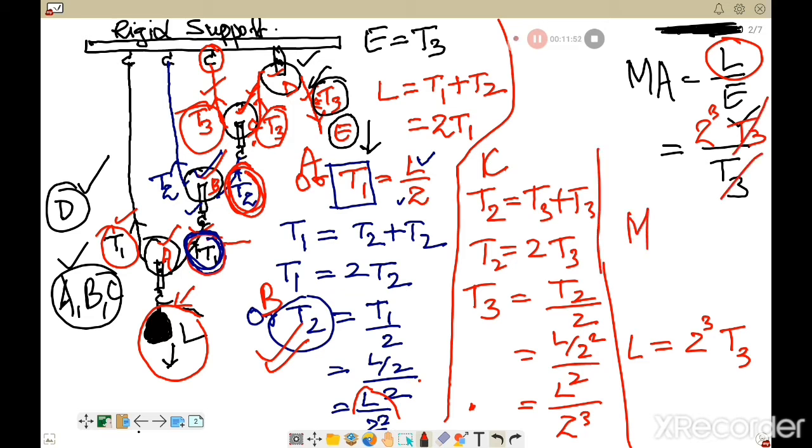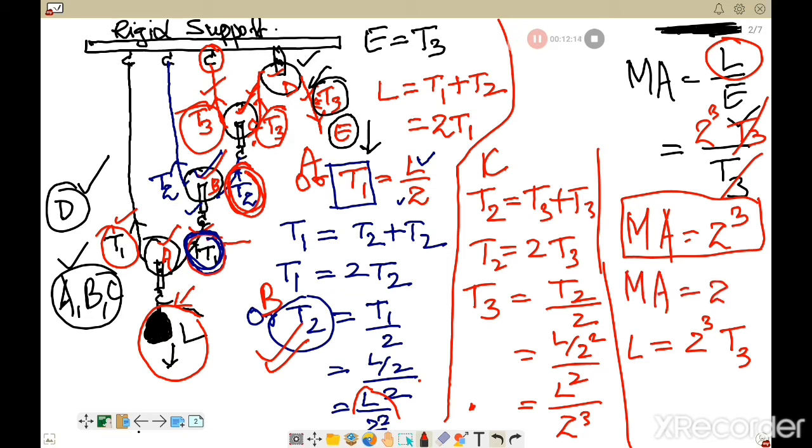So I will get MA equals 2 to the power 3. So the mechanical advantage is 2 to the power 3. Understand? So this equation we can write in a general form, that is MA equals 2 to the power n here.